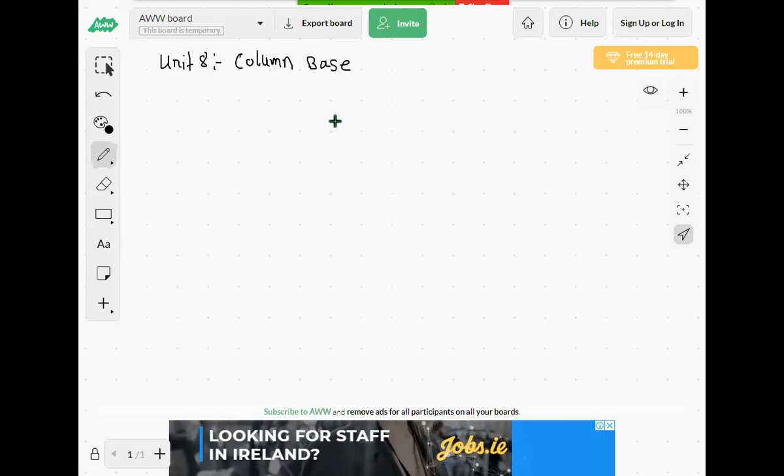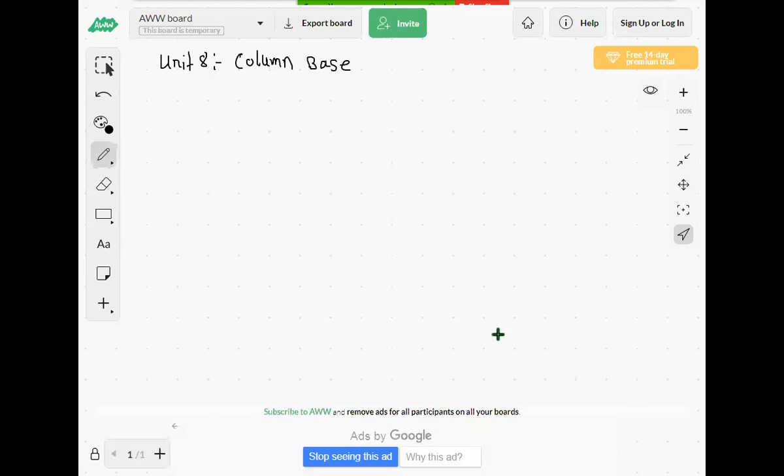So we will see how the column base looks, what a column base or base plate for the column is, and then we will design the column base. Before we see the column base structure, we will define what a base plate or column base is.